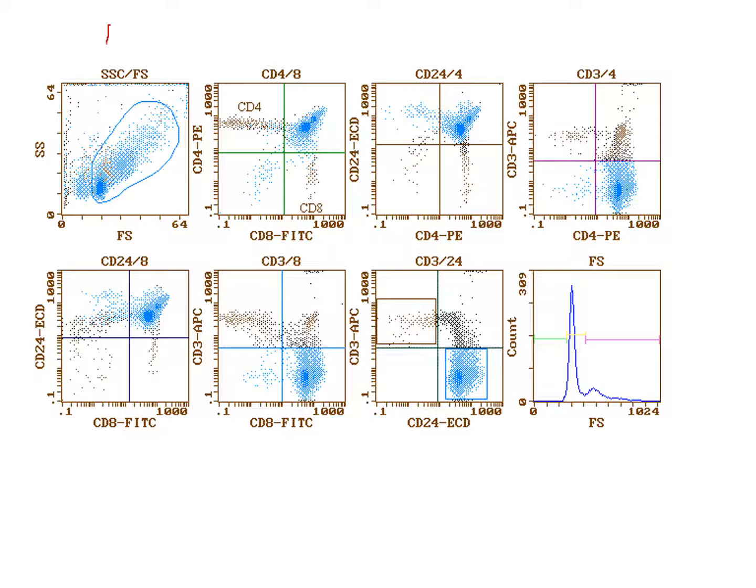And so this is the original side scatter, forward scatter, just what the cells look like, size and complexity. Then here's CD4 to 8, CD24 to 4, CD3 to 4, CD24 to 8, 3 to 8, 3 to 24, and just the profile of the forward scatter. So right away you could take, say, a blood sample, stain it with all these different antibodies, and get a real interesting workup of a person looking at these different cells.